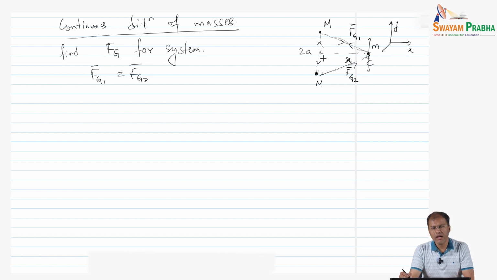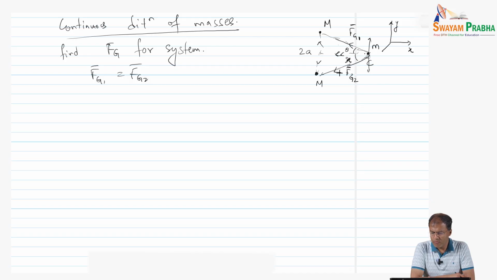Why? Because they are equal, and the y component, let's say we call this angle theta, so the sine theta component, they are going to cancel each other, and we will only have the net gravitational force along the x axis, and those components are going to add up, right? So we have to keep the arrows very clear. So here we have the arrows acting on the two particles, right?